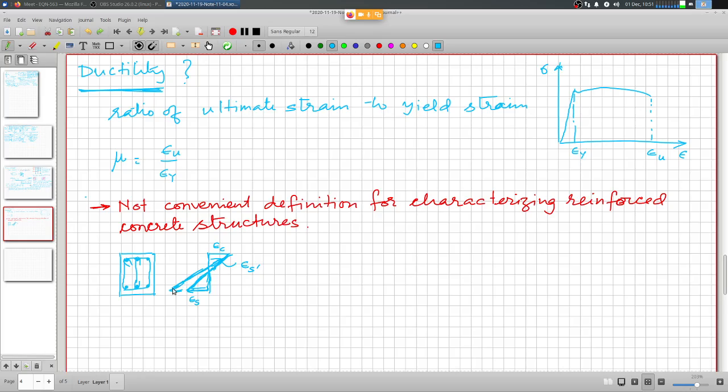If the tension steel yields, this is what is going to happen. The neutral axis will shift upwards for the same ultimate strain of the concrete. What is happening if the strain in steel goes from this level to this level?